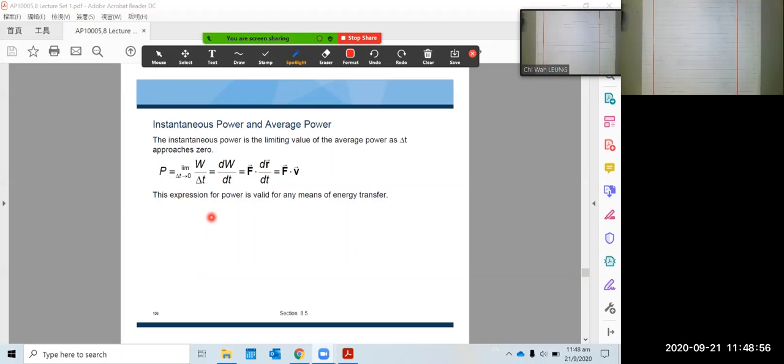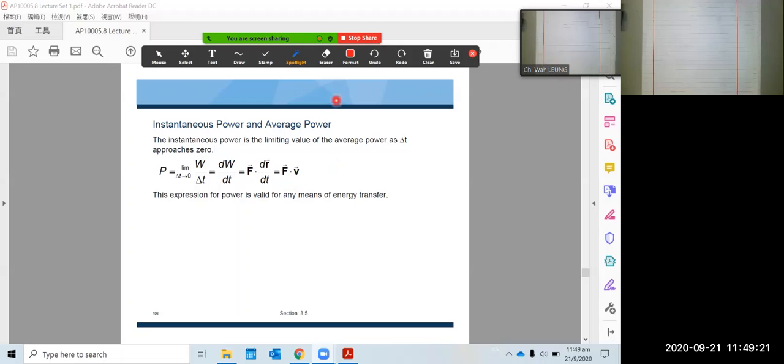And because the energy or the work done is equal to force dot dr, and if you put it into the equation for instantaneous power, you will see that dr over dt is actually velocity. So the instantaneous power is equal to force dot velocity.